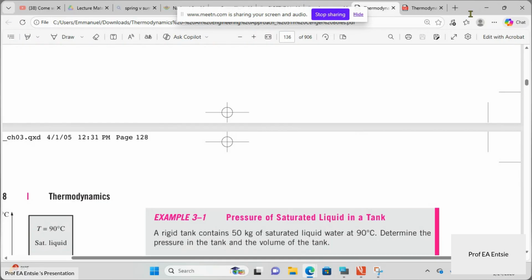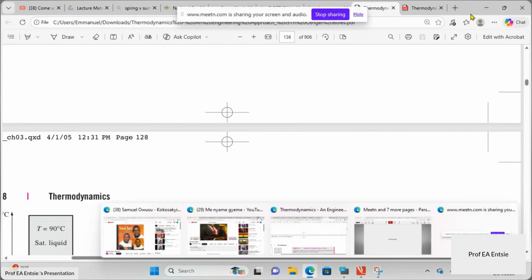So at a given temperature, what is the pressure of any pure substance? It's known as what? Saturated pressure. So at a given temperature, the pressure we are looking for to ensure there is a change in phase of a pure substance is known as what? Saturated pressure. So this pressure they are asking us is nothing more than what?